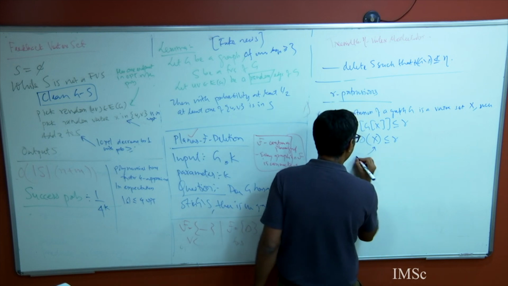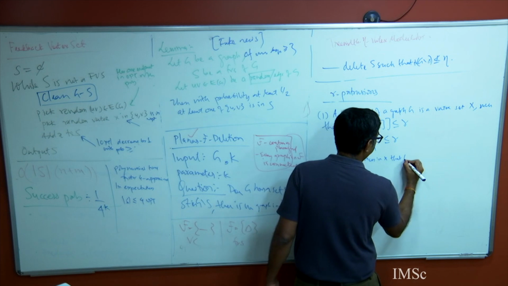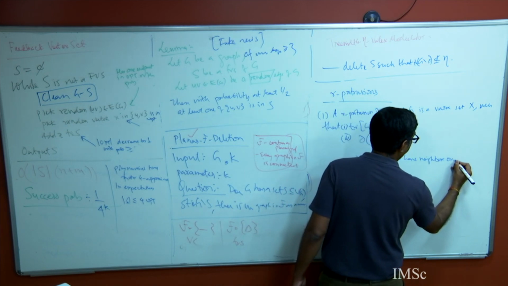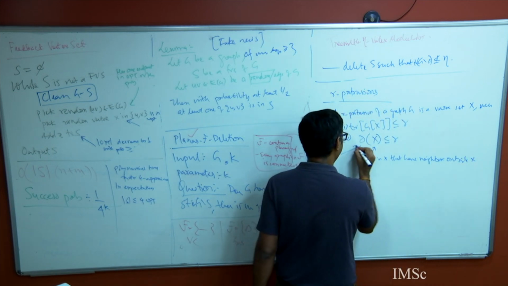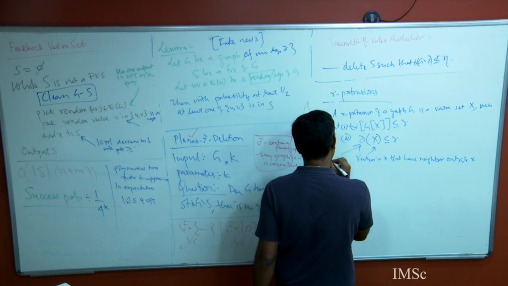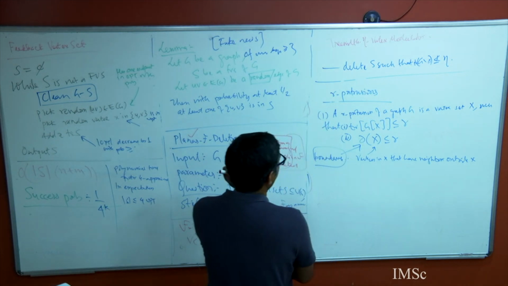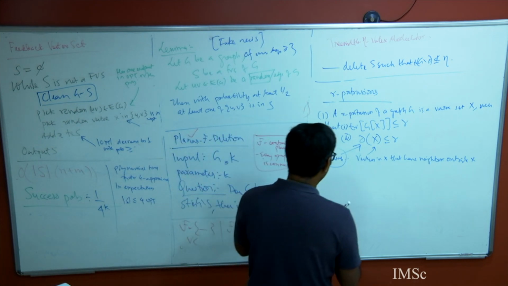And what is delta of X? It is the vertices in X that have neighbors outside X. So this is like the boundary. We will also call this the boundary. So for now, think of this graph.